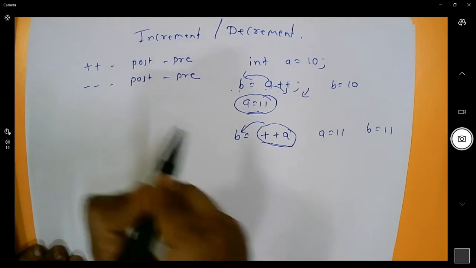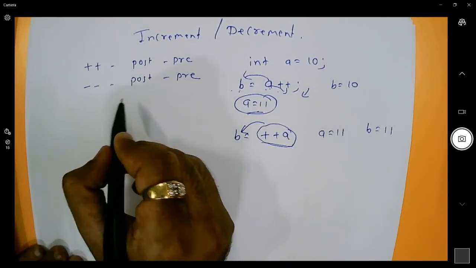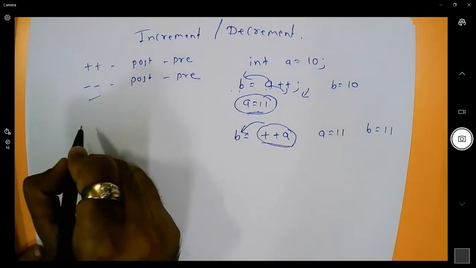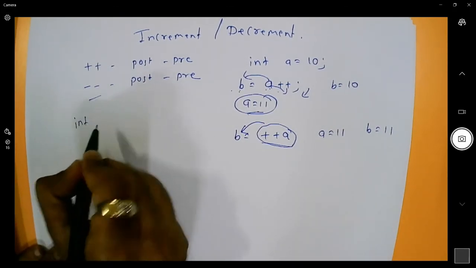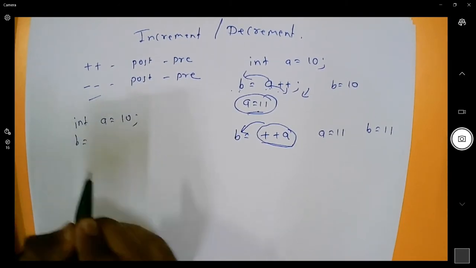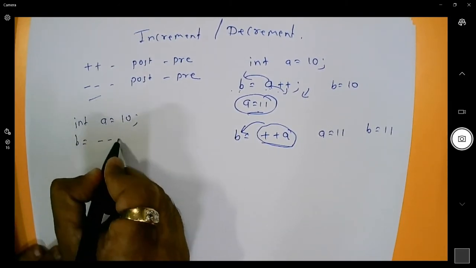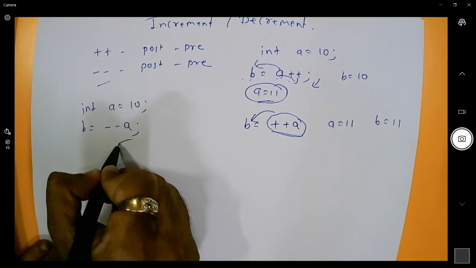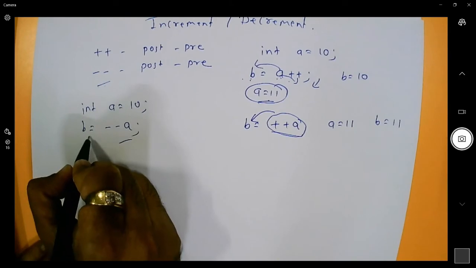The same rule applies in the case of decrement if you are decrementing the value. For example, if you are writing integer a is equal to 10 and b is equal to minus minus a, then your a will be decremented first, that is 9, and the 9 will be assigned to b.